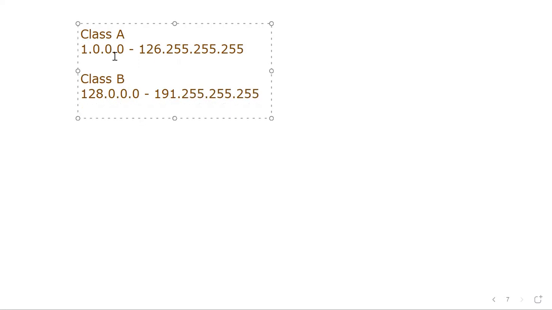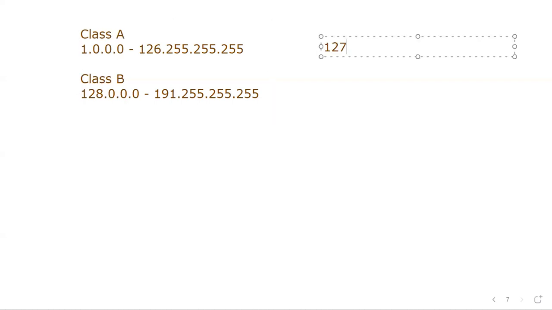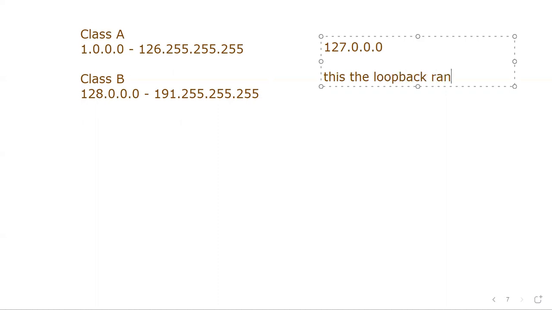Okay. So one range is missing. Which one? 127.0.0.0. Why is it missing? This is the loopback range of IP. It is used at the time of remote desktop.